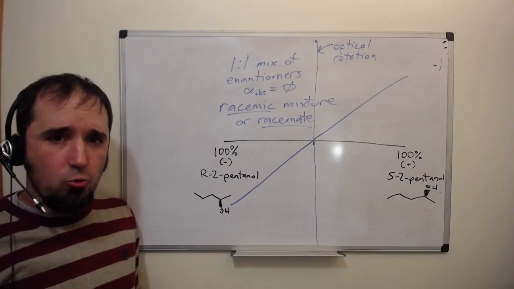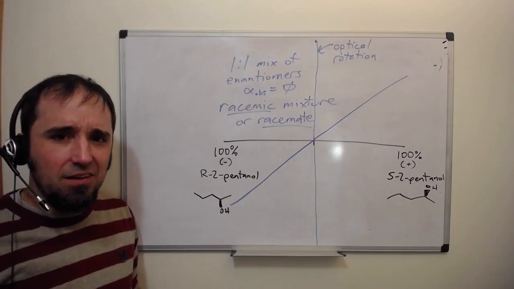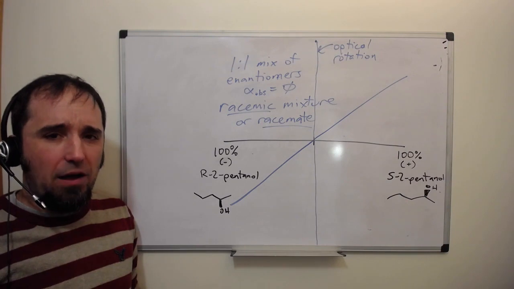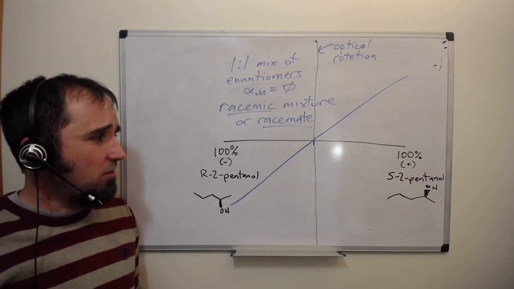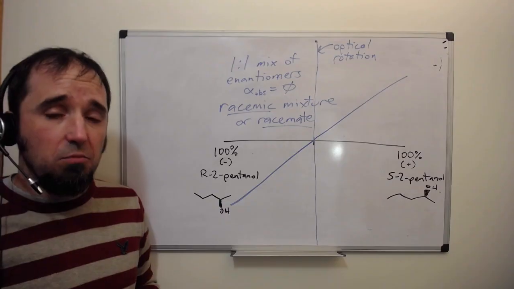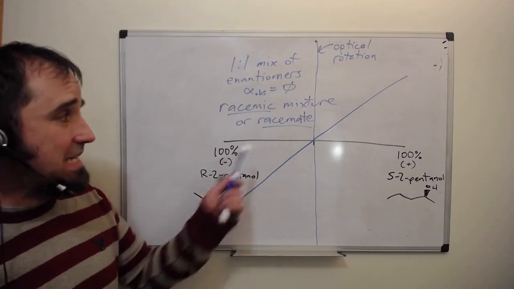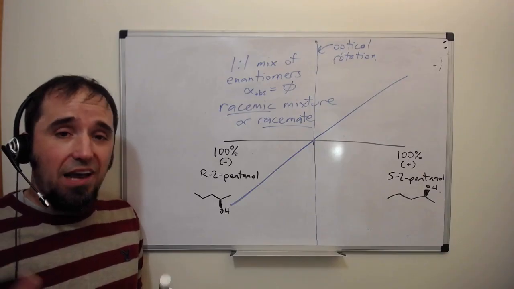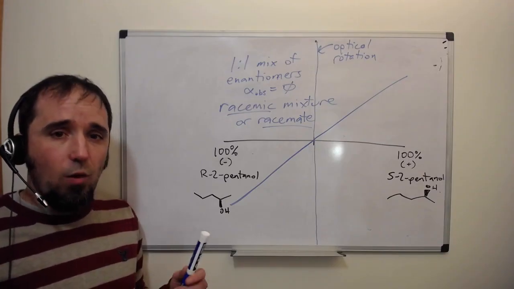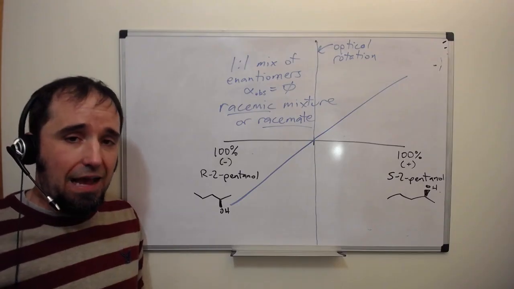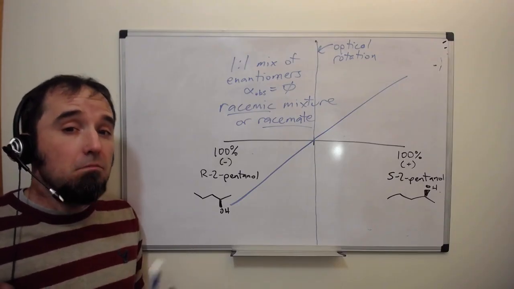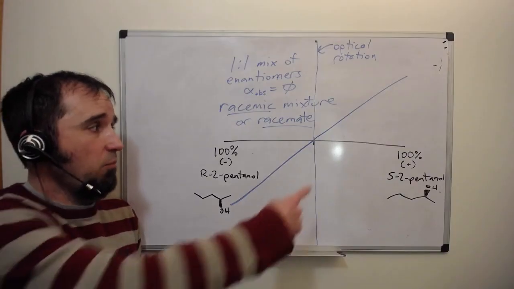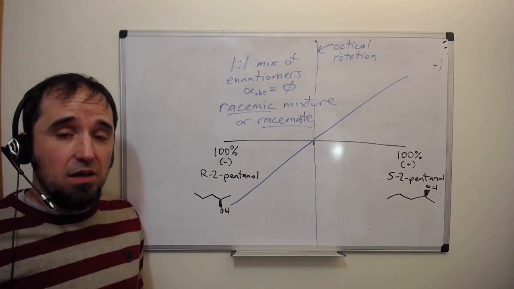It comes from winemaking, actually, which is how Pasteur found chirality in the first place. So again, nomenclature: a 1-to-1 mixture of enantiomers is a racemic mixture or racemate, and it has no optical rotation. As we get into synthesis, when I try to make something chiral in a lab, most of the time, if I just take the simplest route to make it, I'm going to end up with a 1-to-1, a racemic mixture.